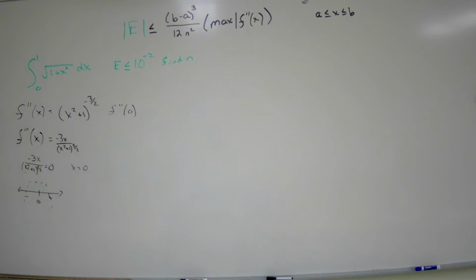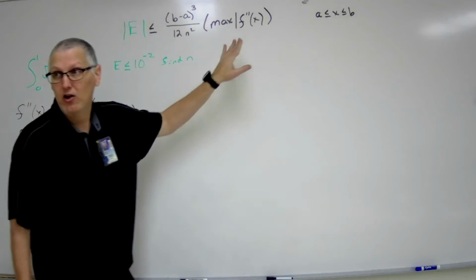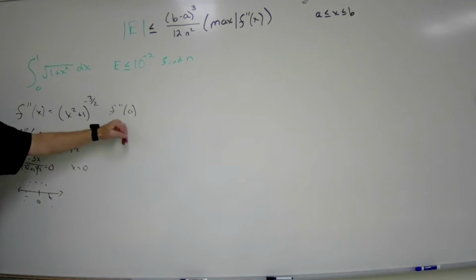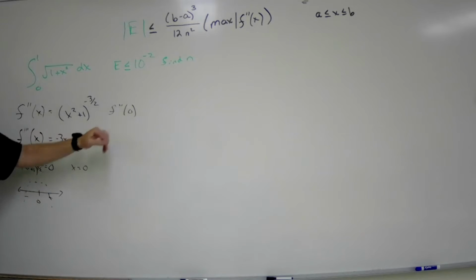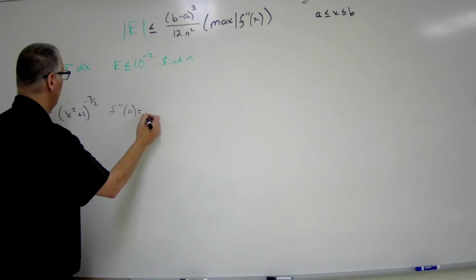At that point, we know it's got to be a max because it's the only one we have. Right? So now we want the max of the second derivative. We know the second derivative occurs at 0. So now I got to do f double prime of 0 to get a number. So f double prime of 0, what is that going to be?